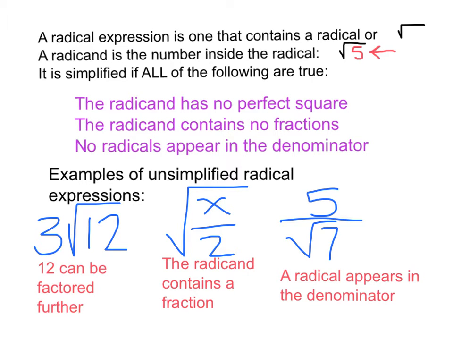So examples of unsimplified radical expressions would be 3 root 12, because 12 can be factored further into 4 and 3. Root x over 2 is unsimplified because the radicand, or the x over 2, is a fraction. And in the last one, a radical appears in the denominator over the 7.